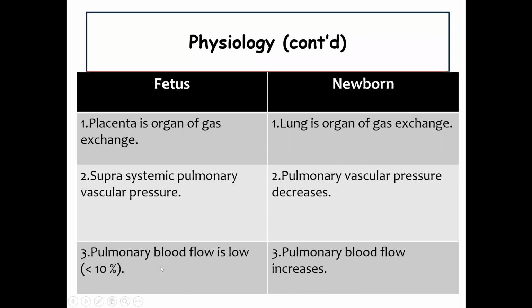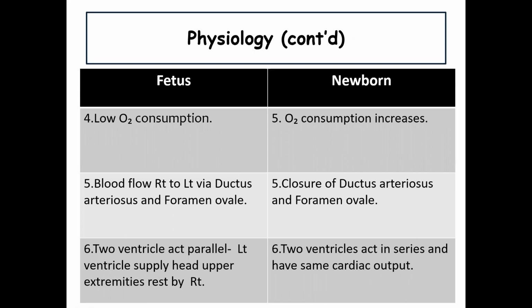So in the fetus, the pulmonary blood flow from the pulmonary artery to the lungs is less than 10%, and most of the blood is shunted across the ductus, right to left, to enter the aorta. Whereas in the newborn, in the first few minutes, the pulmonary blood flow rapidly increases. Of course, the fetus is able to survive with this deoxygenated blood flowing in from the aorta because of the relatively low oxygen consumption, because the fetus is dependent on the placenta for most of its metabolism.